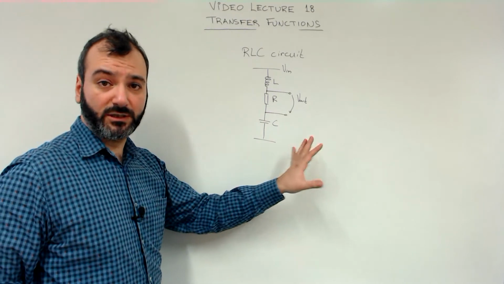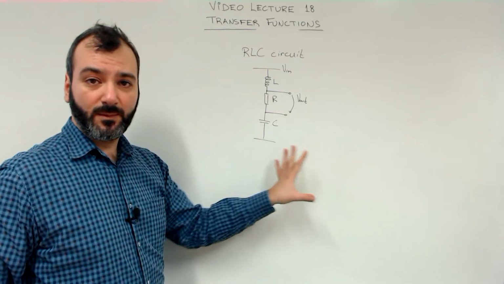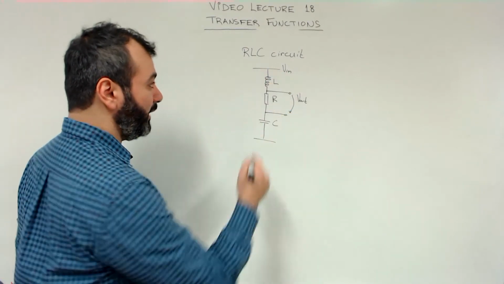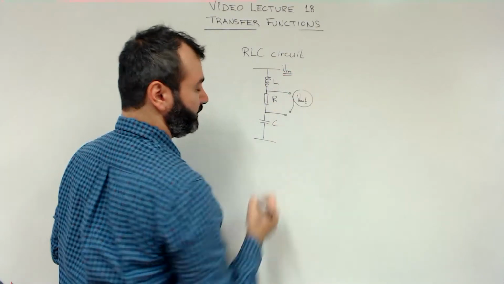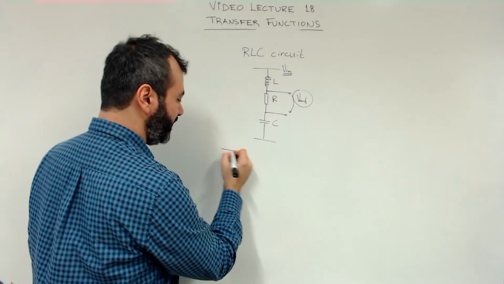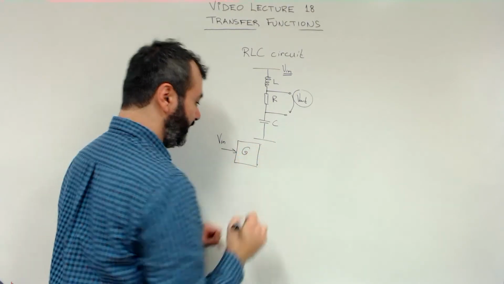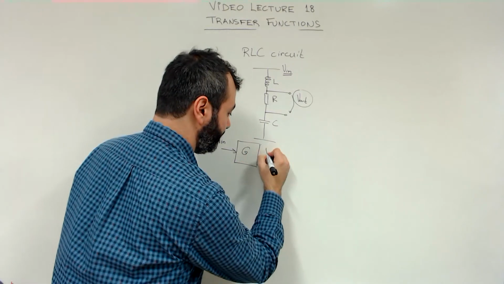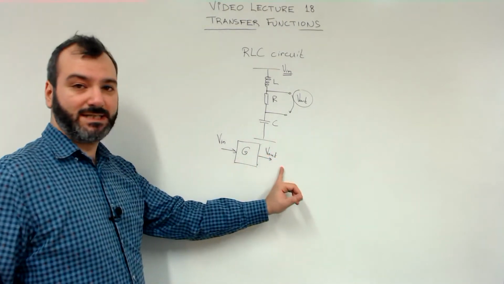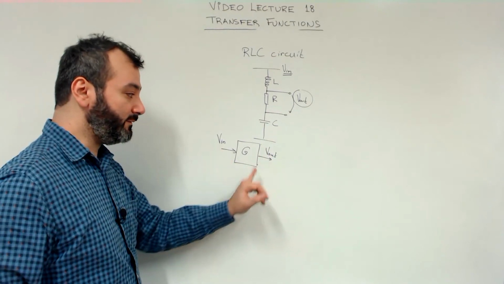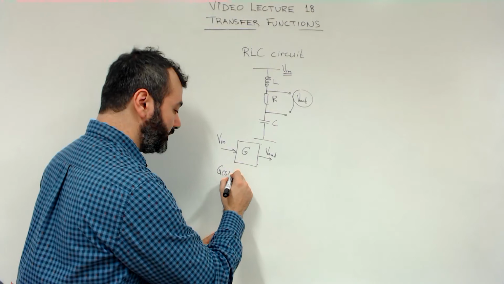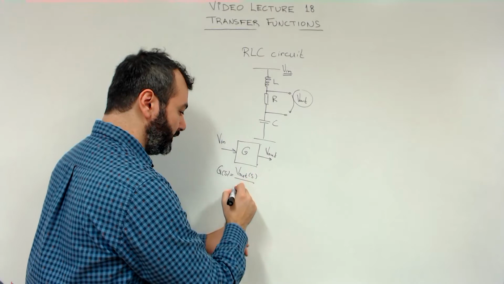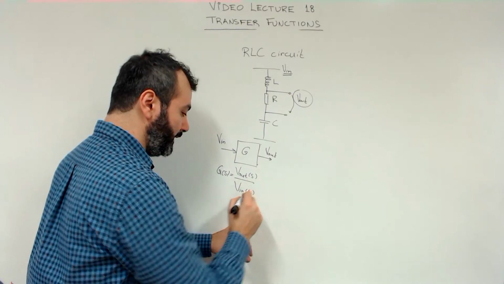We will not derive it now, but it's very easy to derive the equation that describes how V_in produces V_out. So the objective is to determine a transfer function G, which explains precisely this dynamic relationship between V_in and V_out. And G(s) is defined as V_out divided by V_in in the S domain.